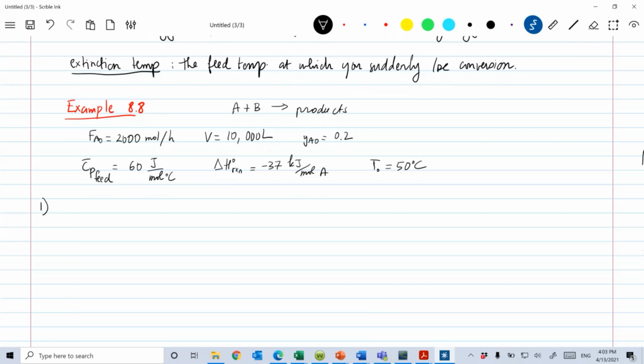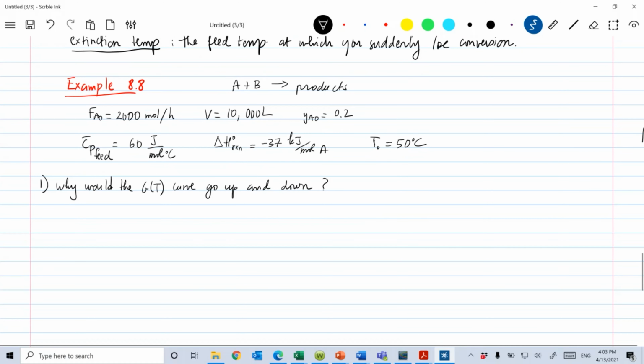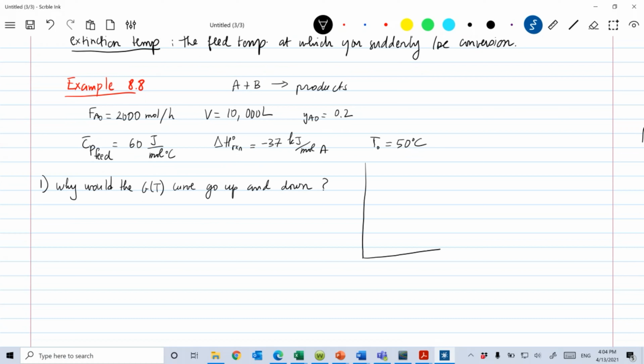why would the G of T curve go up and down? I will draw that out to the best of my abilities. So the G of T curve looks like this from the book. It's not really the best of my abilities.